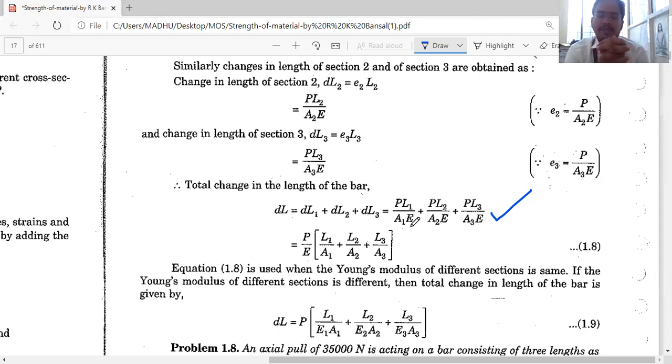We differentiate one material from another by its Young's modulus, the modulus of elasticity, which is a property by which its elastic behavior is explained. At that time, dl is equal to P, taken common since the applied load is the same, times L1 by E1A1, plus L2 by E2A2, plus L3 by E3A3. When you add all these three, we get the overall change in length.